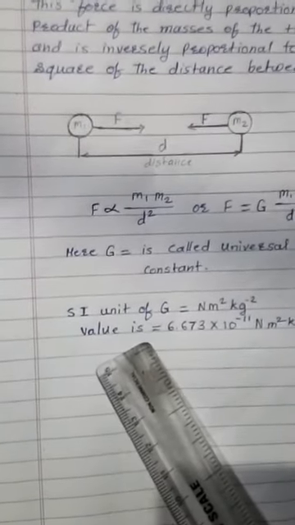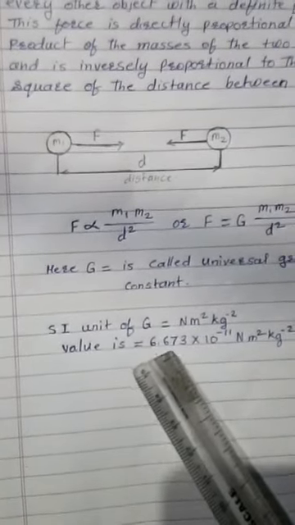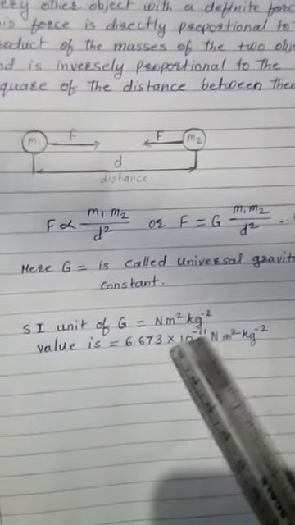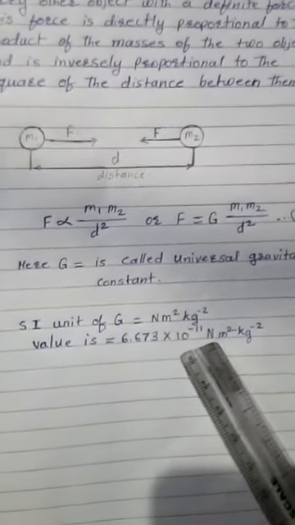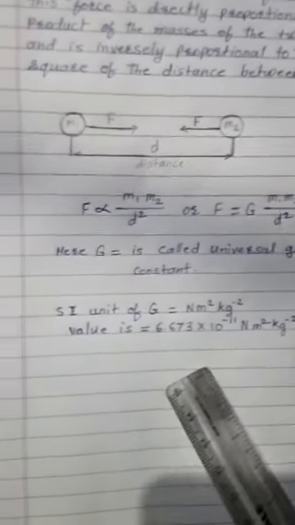The value of G is given as 6.673 times 10 raised to minus 11 Newton meter square kg minus square. This value was experimentally measured by Henry Cavendish.